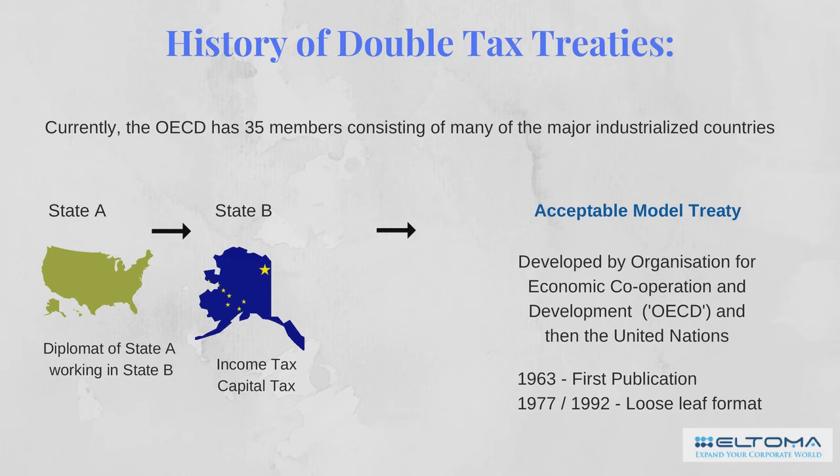Let's cover briefly the history of double tax treaties to understand where it all stems from. Model tax treaties have a long history, beginning with early diplomatic treaties of the 19th century. The limited objective of these treaties was to ensure that diplomats of one country working in another country would not be discriminated against.